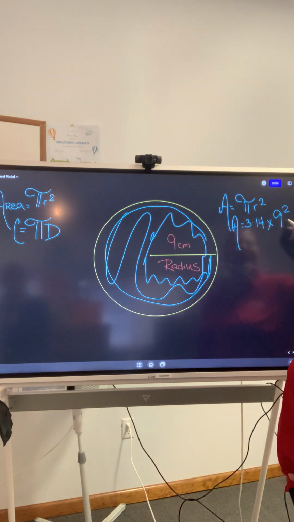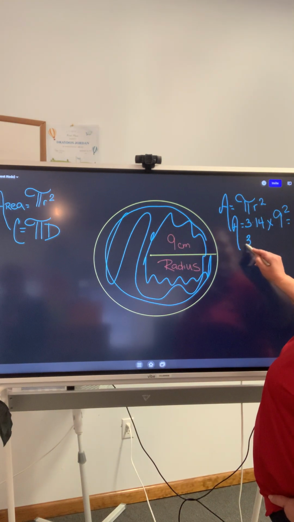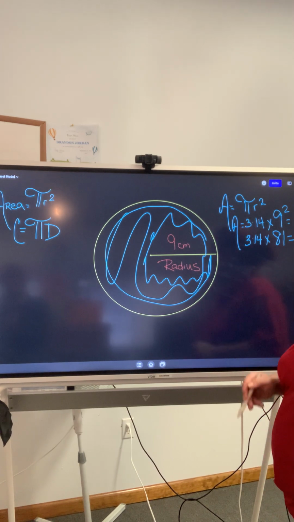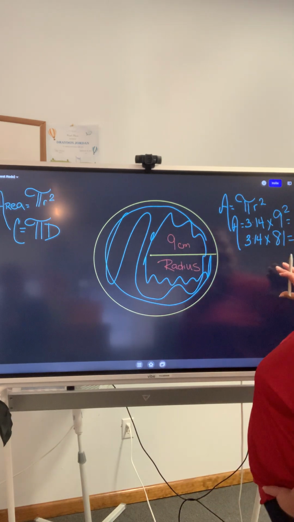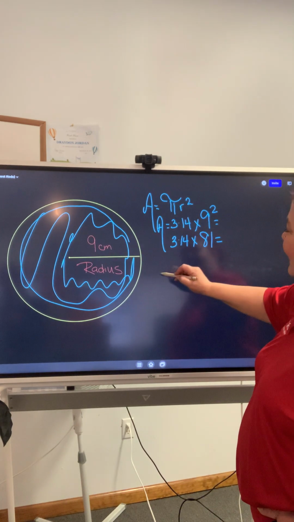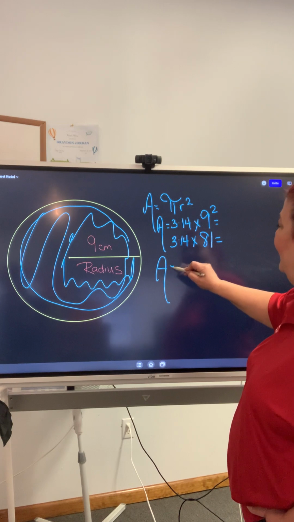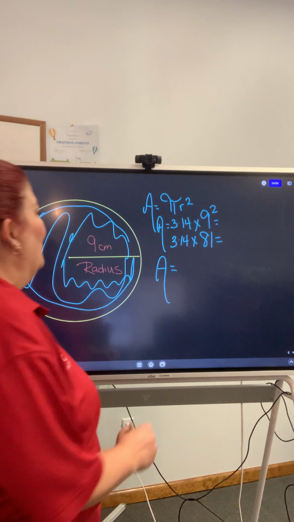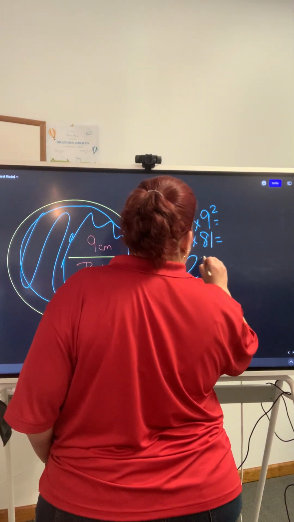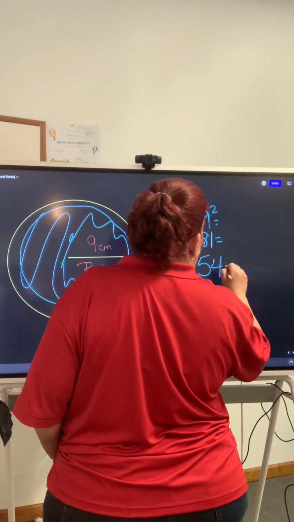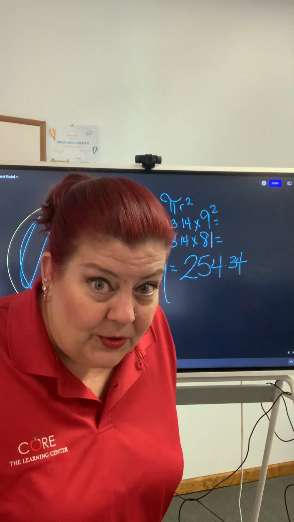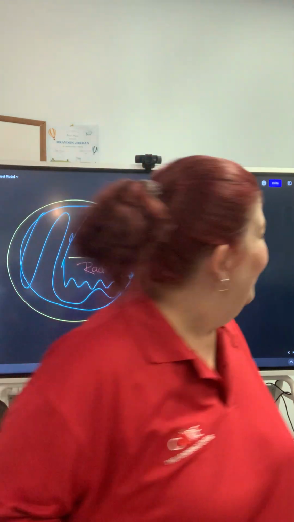Good job. So 3.14 times 81 equals, area is equal to 254.34. That trusty calculator and my trusty assistant are doing a great job.